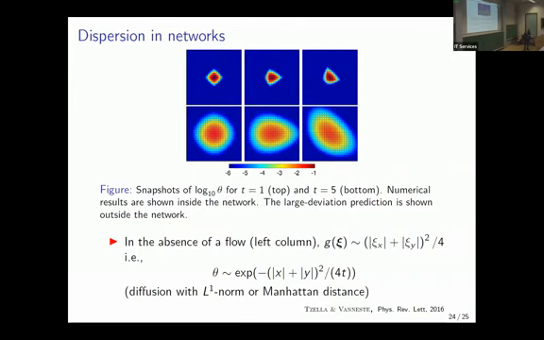And here we have some Monte Carlo simulations showing how the concentration evolves at early times and later times, together with the large deviation approximation that is shown in the areas where you're not allowed to go, so the building blocks of Manhattan, let's say.